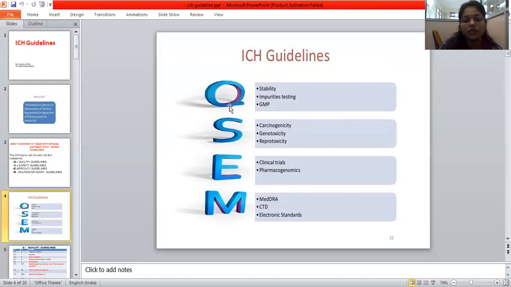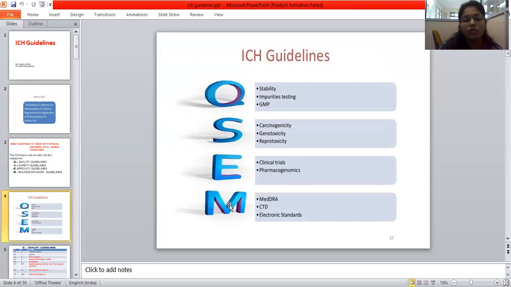So these are the different guidelines. You can see here we have the quality-related guidelines, the safety profiling guidelines, the efficacy of our new product with its clinical trial guidelines, and the pharmacogenomic profiling guidelines. In the multidisciplinary guideline, we have MedDRA, CTD, the common technical document, and the electronic standard.